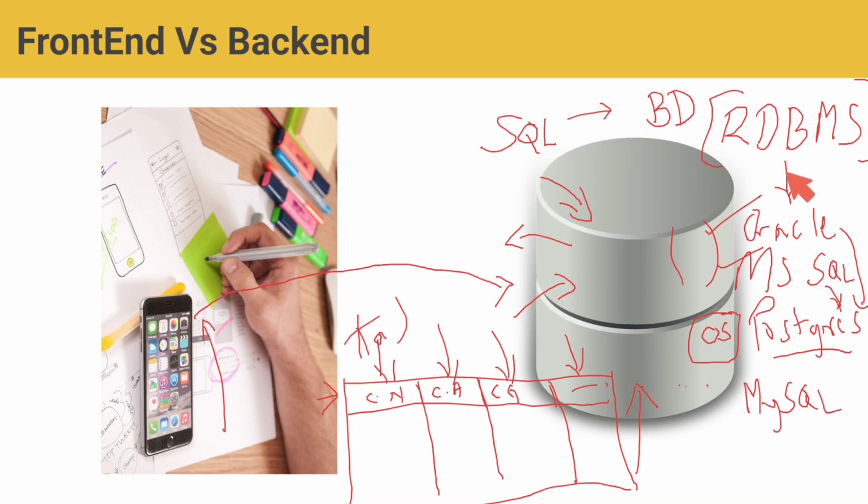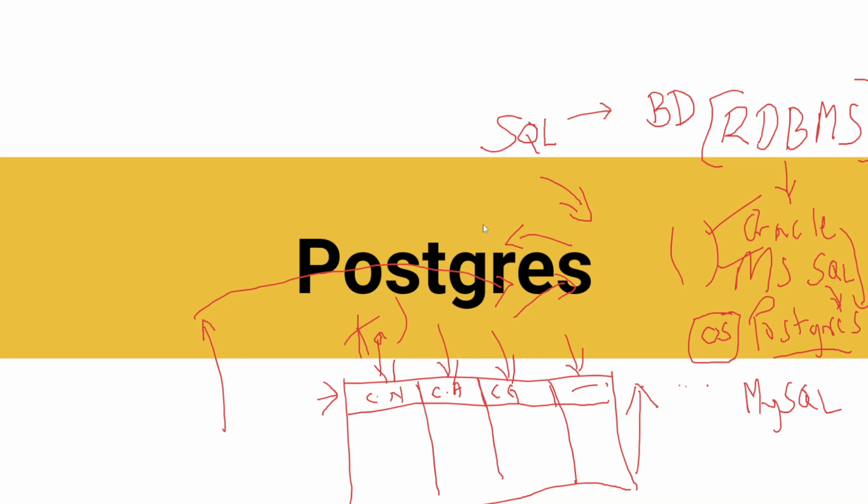In any relational database, the data is organized in the form of tables like this. In the next video and the following sequence of videos, we will be learning the complete internal details and the whole process involved behind designing a database using PostgreSQL. Okay, that's all in this video, guys.